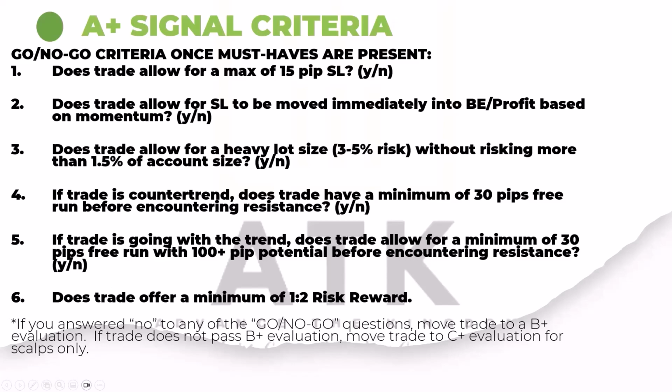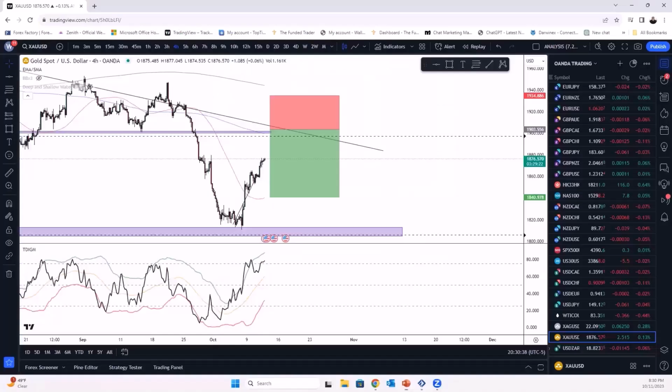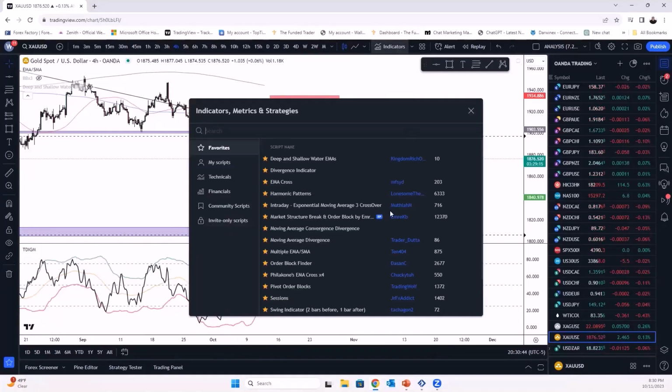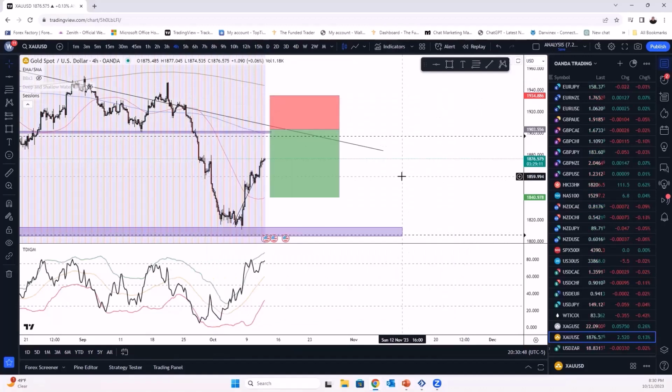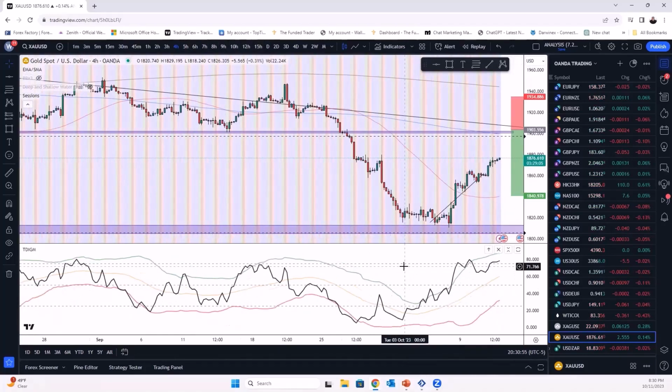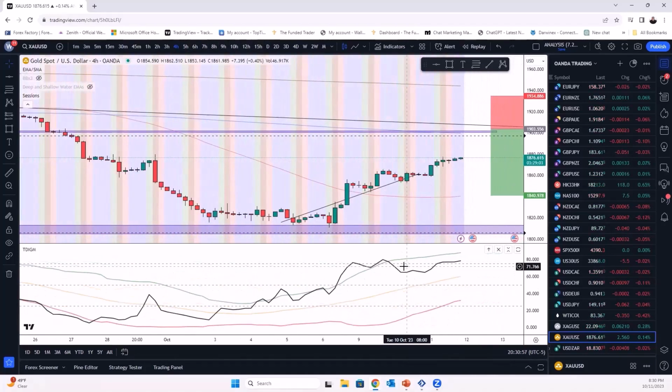The market moves on open. There are several opens in the Forex market. And so if you look at this from a session standpoint, we trade sessions.